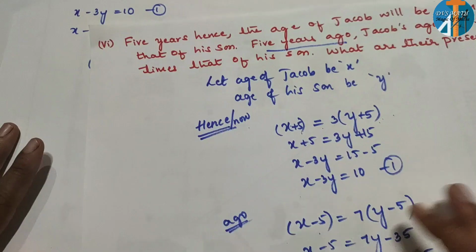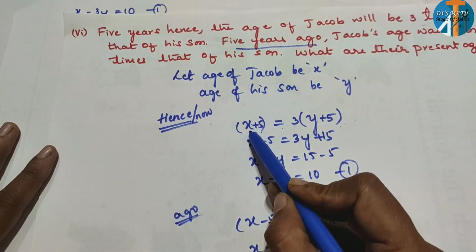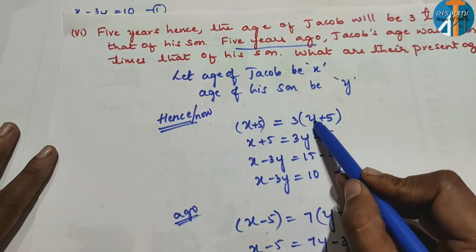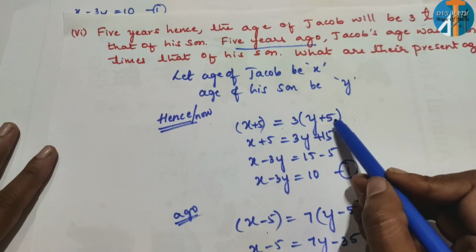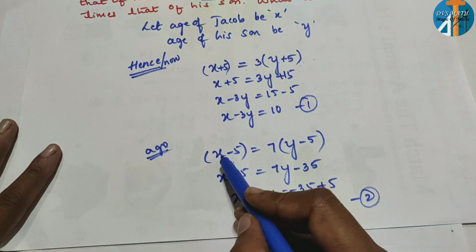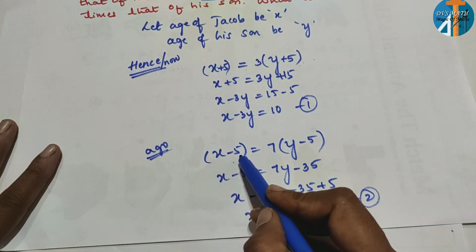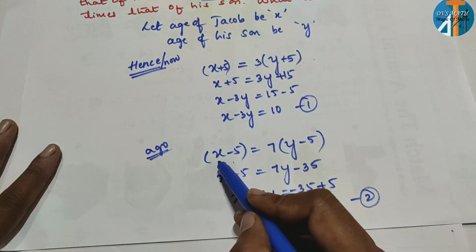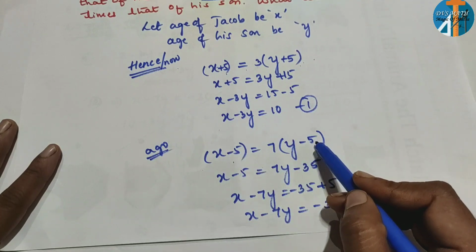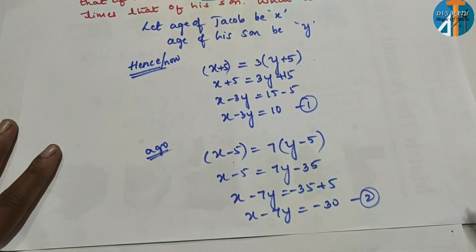Now check their ages. x is 40, and 40 plus 5 is 45. 10 plus 5 is 15, and 15 threes are 45, so again 45 is equal. Here also, 40 minus 5 is 35, and 10 minus 5 is 5, and 7 fives are 35, equal.